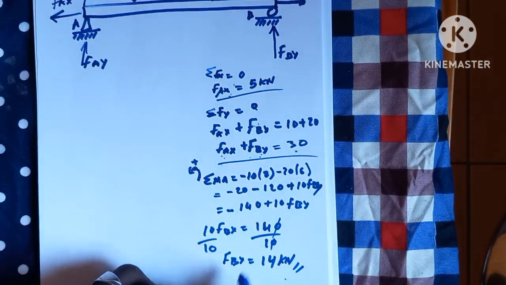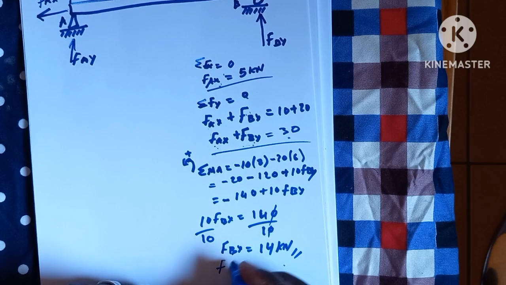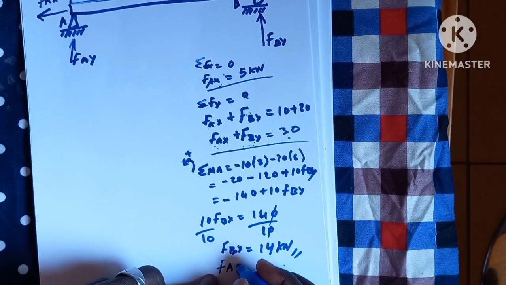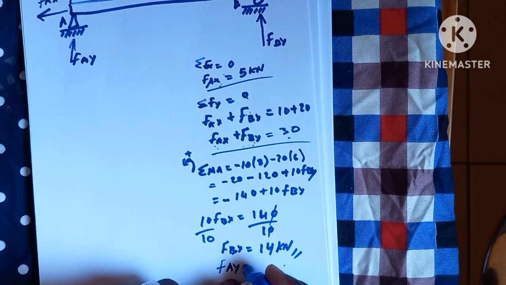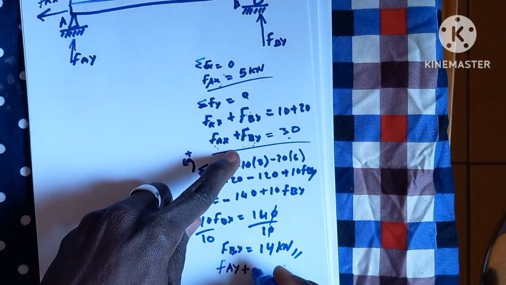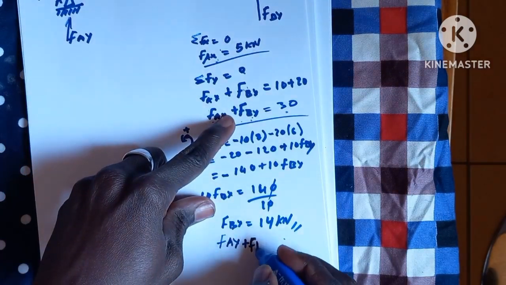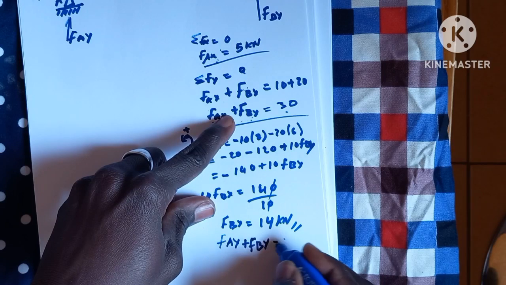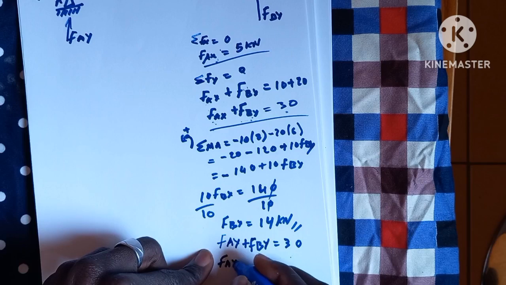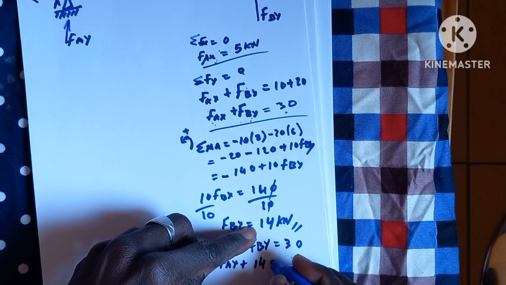So our value for FEY here will be, using this equation, FEY plus FBY is equal to 30, right? So FEY plus this 14, we got 30 here.